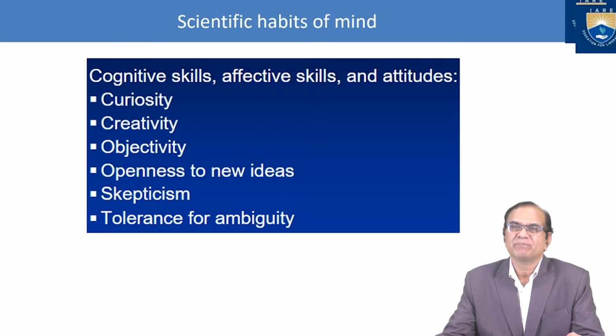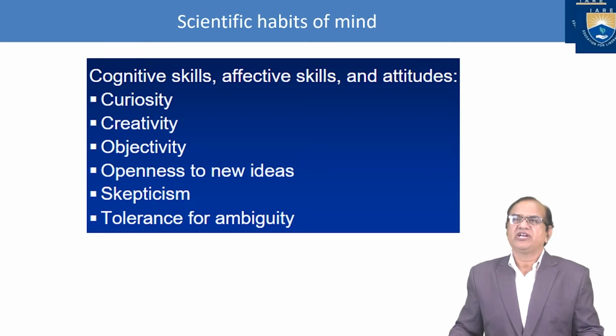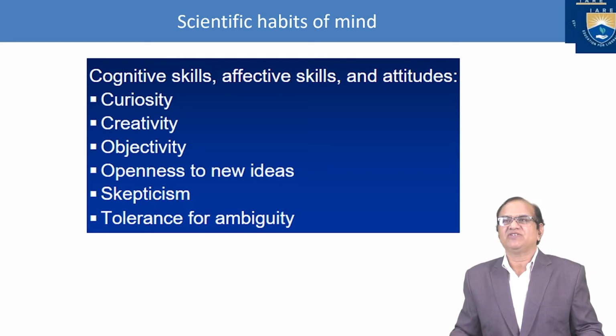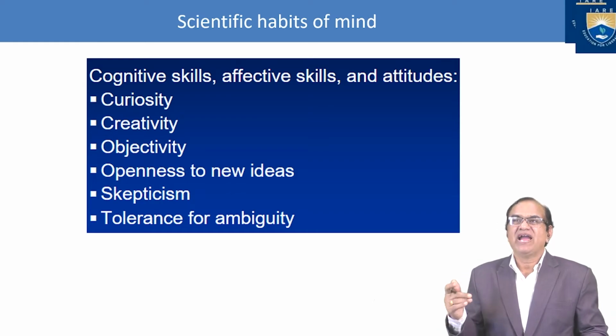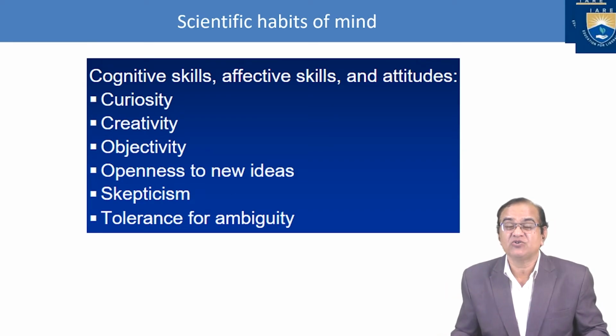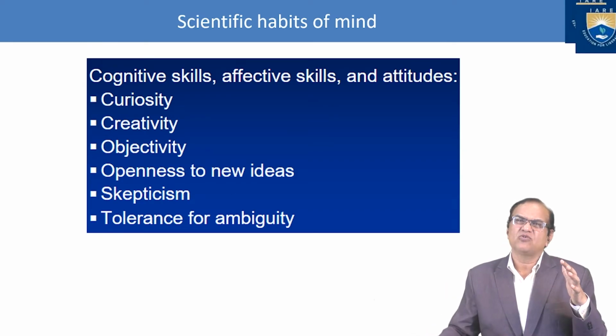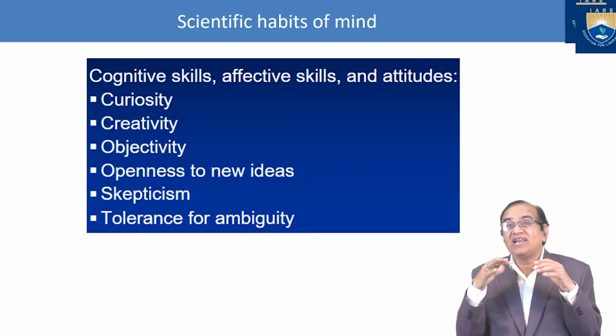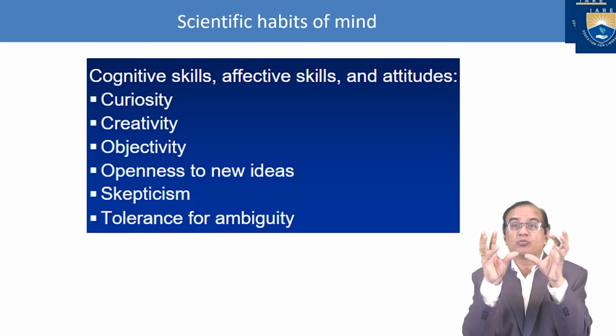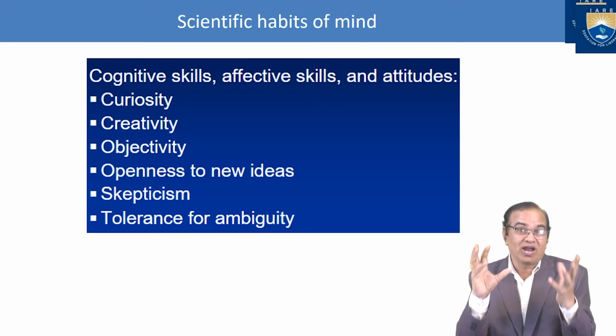So here are some scientific habits of any human mind: cognitive skills, affective skills, and attitude. In this, the mind will have curiosity to learn. The mind will try to find something new. Creativity: the mind will also try to make a new product, new thoughts, new ideas.